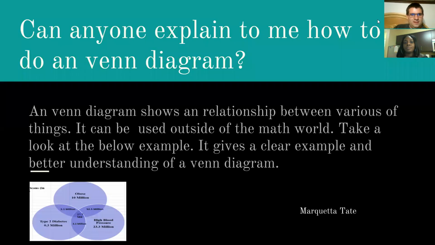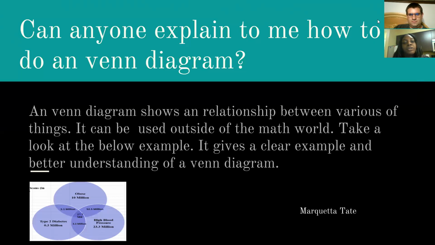Okay, cool. Can anyone explain to me how to do a Venn diagram? Okay, easy. A Venn diagram shows a relationship between various things. It can be used outside of the math world as well. Take a look at the below example.